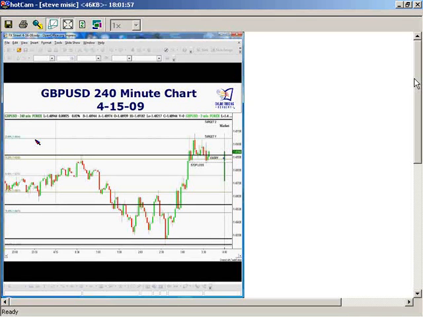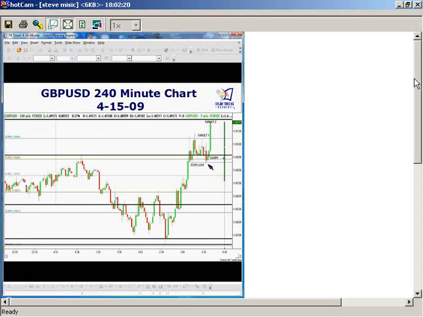Now, why am I saying all of this? Well, because I'm telling you that if you come up with a set of rules and you just use logical rules for entries, stop losses, and possible profit targets, you'll find, like me, it'll be boring. It'll be something that you can do repetitively. Okay, so we take the entry.